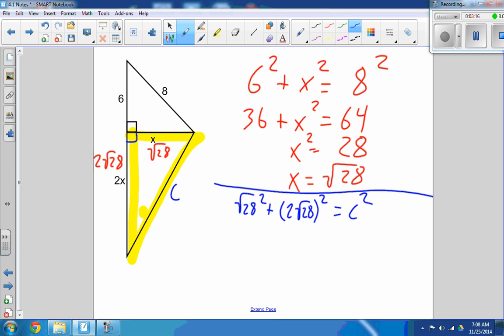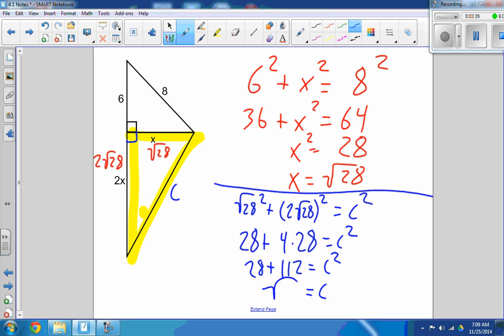Square root of 28 squared, the squared and square roots cancel each other out, and you're left with just 28. And you end up with 2 squared, which is 4 times 28. So 28 plus 112 equals c squared. So c is the square root of 140. And there we go.